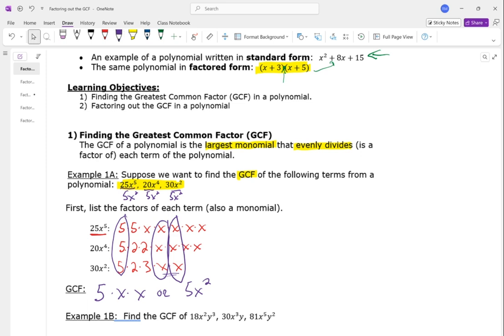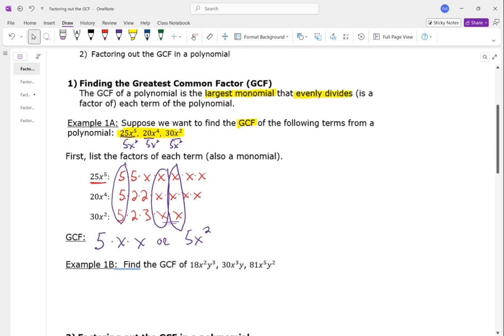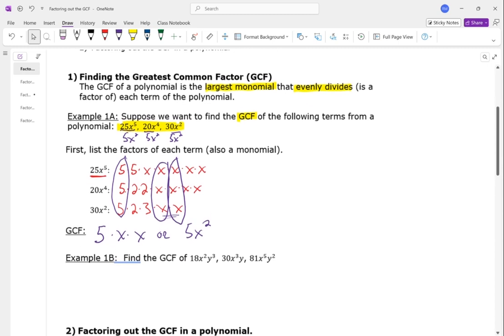So if we want to find the greatest common factor here, we could do the same thing. We have 18x squared y to the third, which would be 2 times 9, which is 3 times 3.